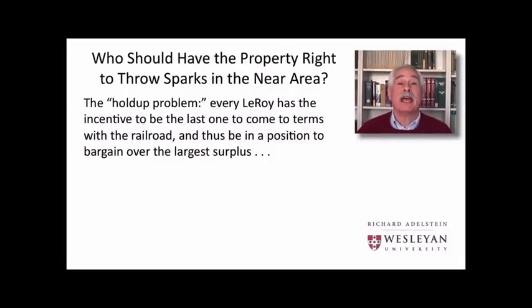So, this is a variant of what economists call the hold-up problem. Every Leroy has the incentive to be the last one to come to terms with the railroad, because if they're the last ones, then they're in a position to bargain over the largest surplus.